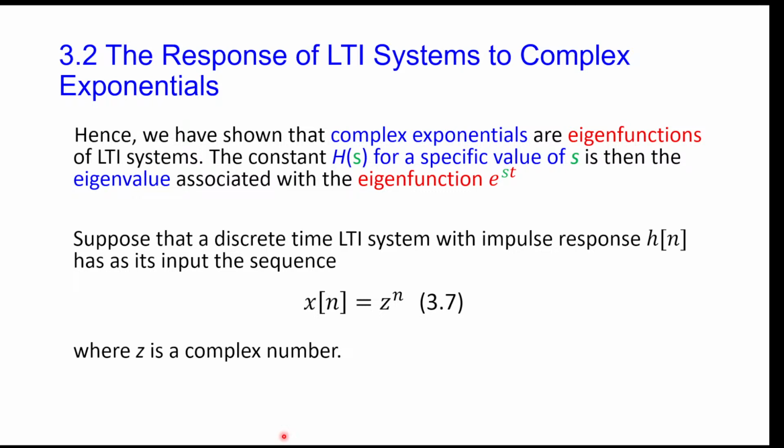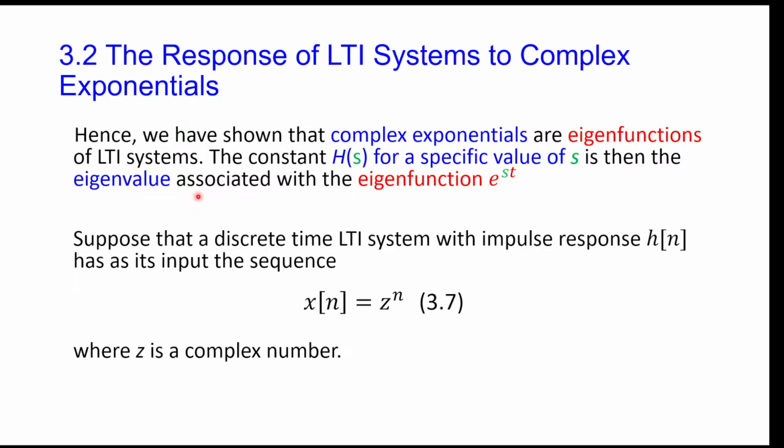That's basically what we want to derive. So we see that complex exponentials are eigenfunctions of the LTI system, and this H of s is what we call the eigenvalue for the eigenfunction e to the st.